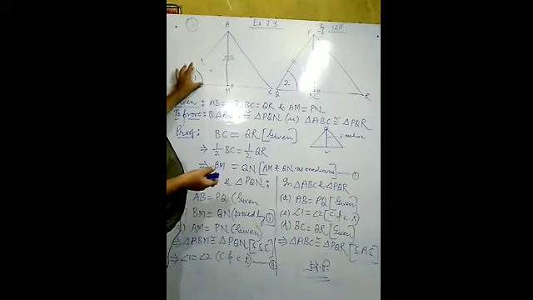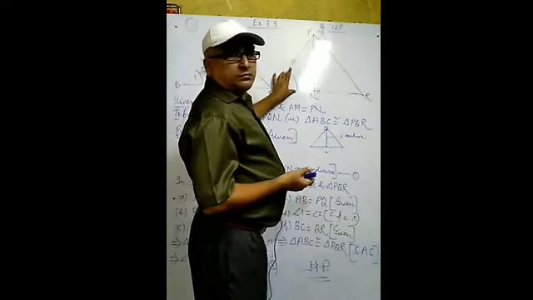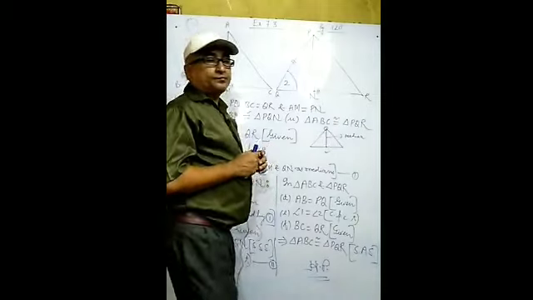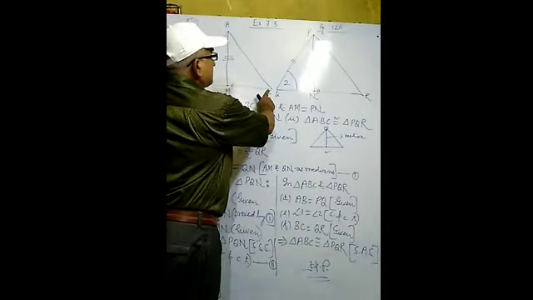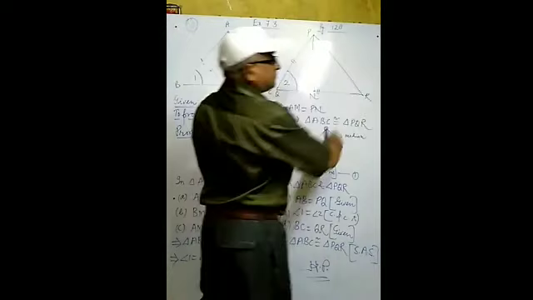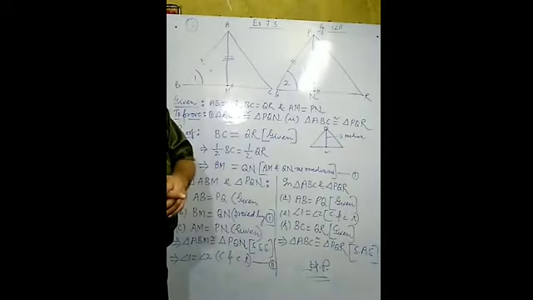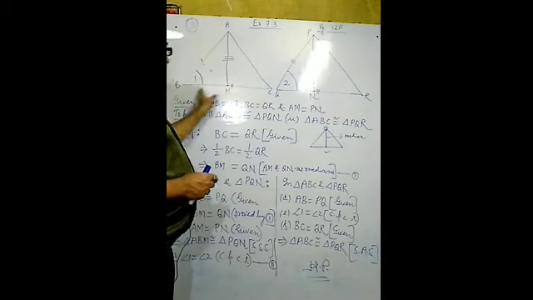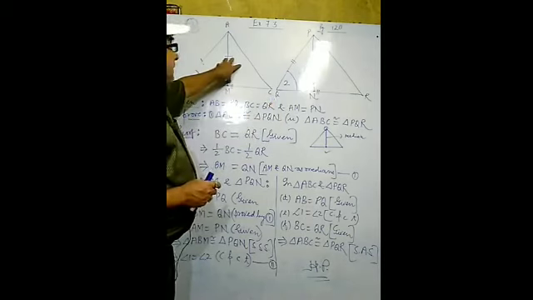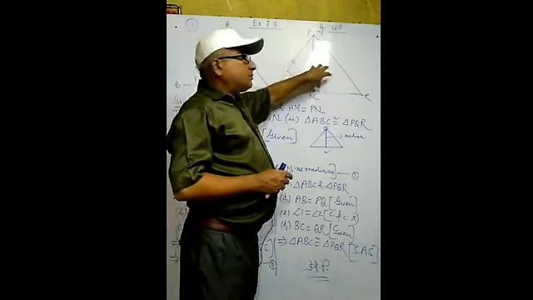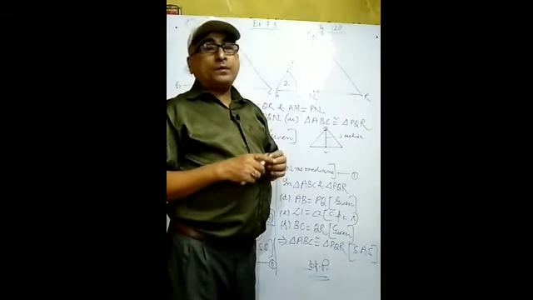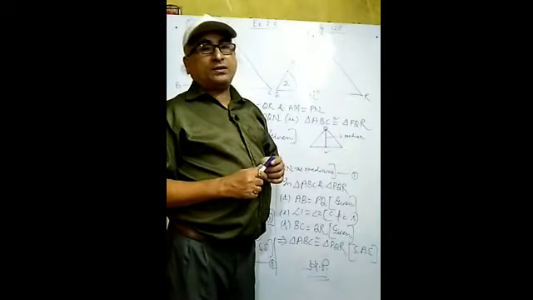This angle equals this angle, which as a whole we have proved by CPCT. Again, this BC equals this complete QR, which is already given. So by side, angle, side, this triangle is congruent to this triangle. In this way, both parts of this question are proved.